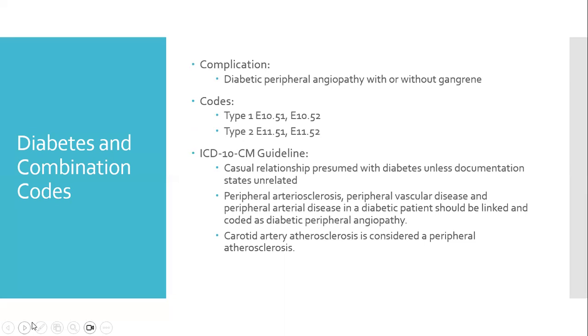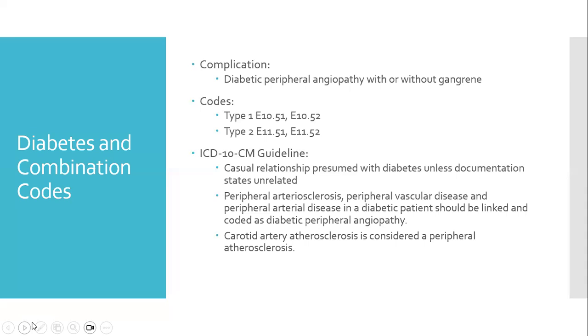So with diabetic peripheral angiopathy, this can be with or without gangrene. As we know, if you are used to coding diabetes, you will see this a lot with advanced stages, people that either have uncontrolled diabetes with other conditions or advanced diabetes with other conditions.